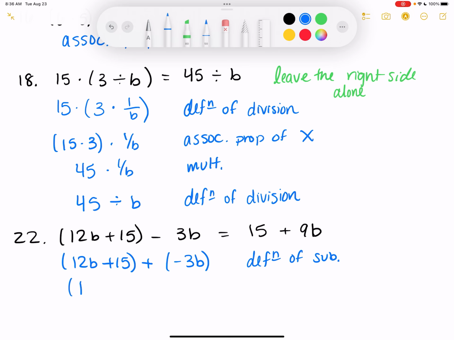What allows me to swap those two? The commutative property of addition. So then now what?